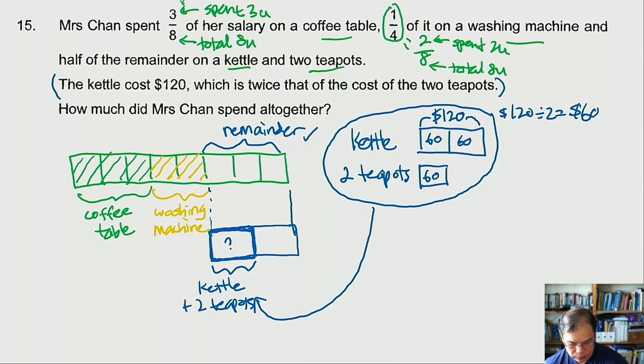So kettle plus 2 teapots is $180. Okay, so this is actually $180. This part here. This is also 180.